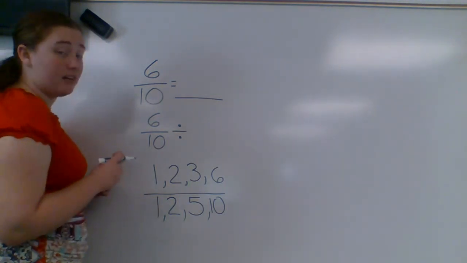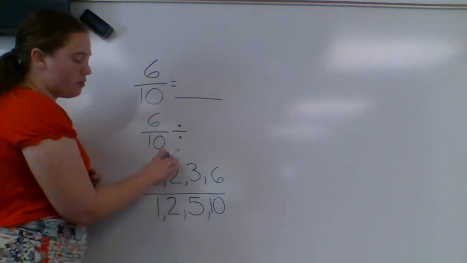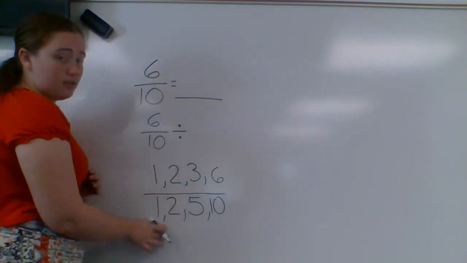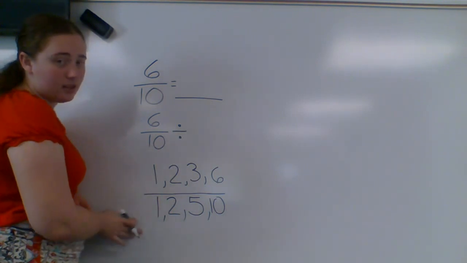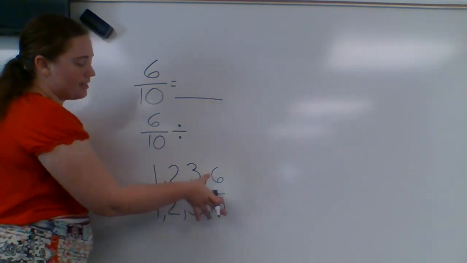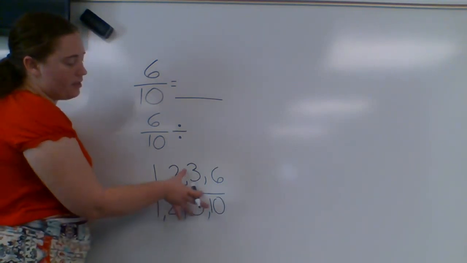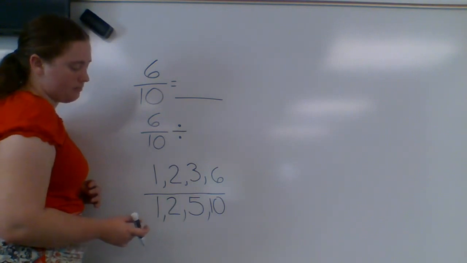So I need to find my biggest factor that is common to both of these numbers. Which number is on the top and on the bottom and is the largest on both sides? I have 6 and 10, they're not the same. 3 and 5, they're not the same. 2 and 2, they're the same.